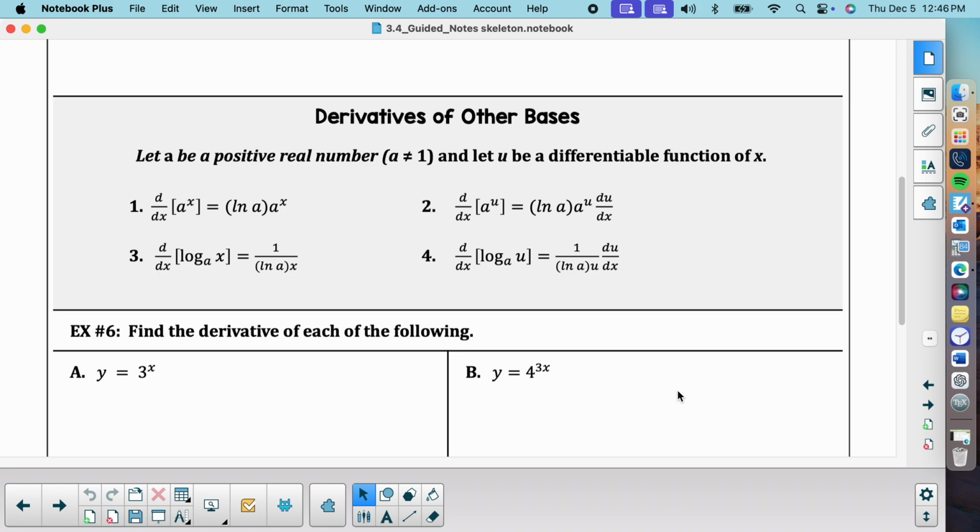So this theoretically still works if it was e to the u, because ln of e is 1. So this is the full derivative.